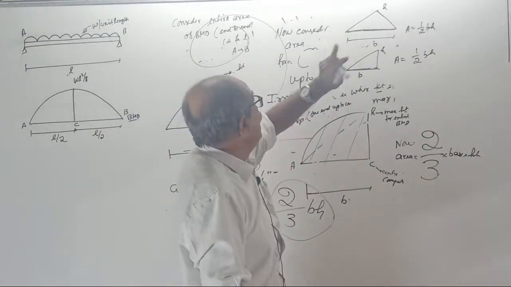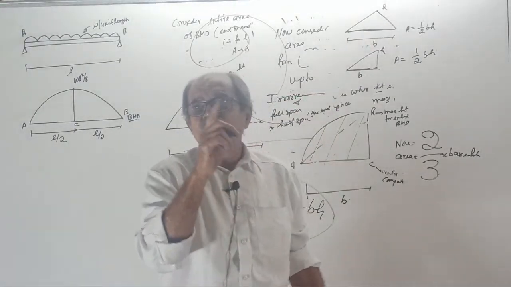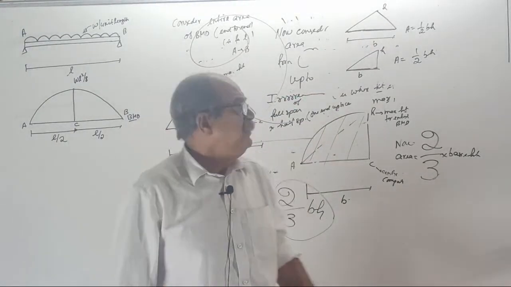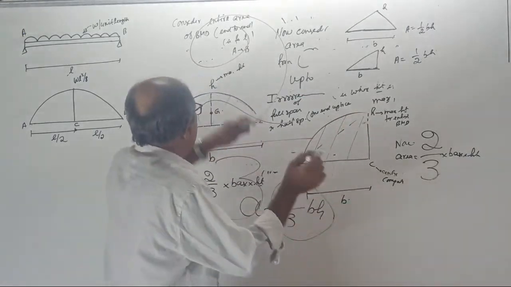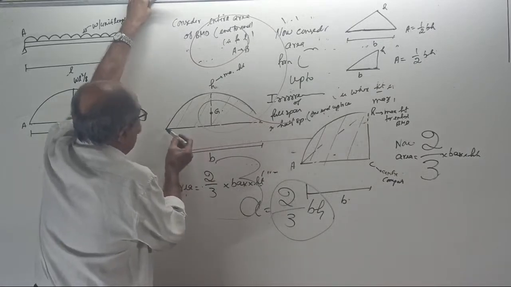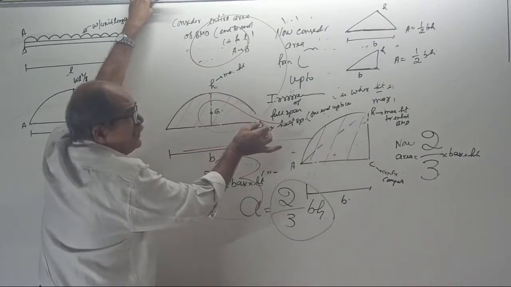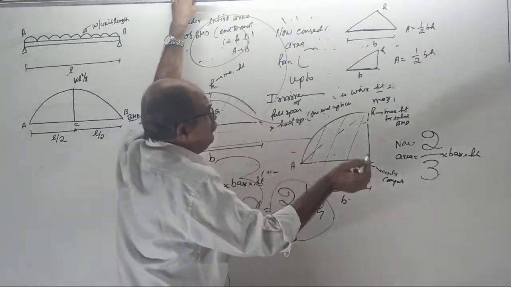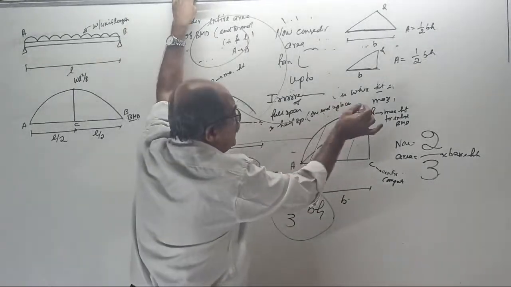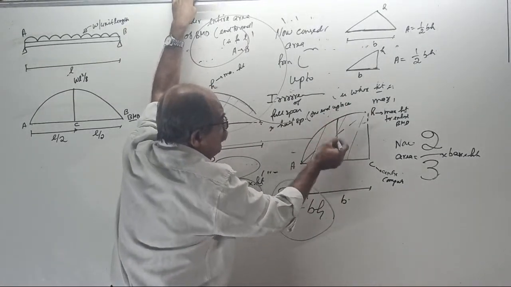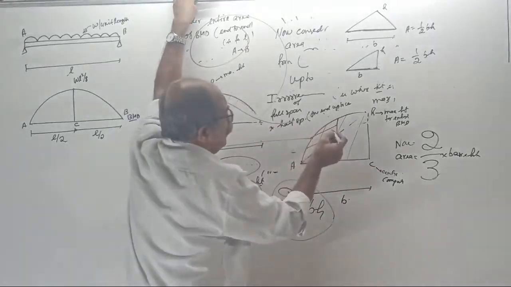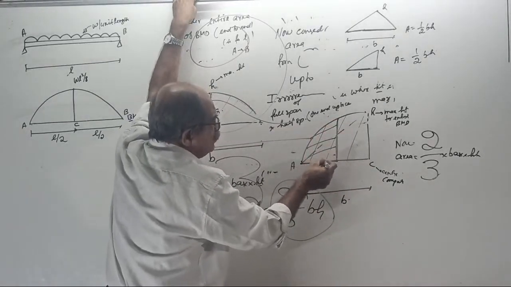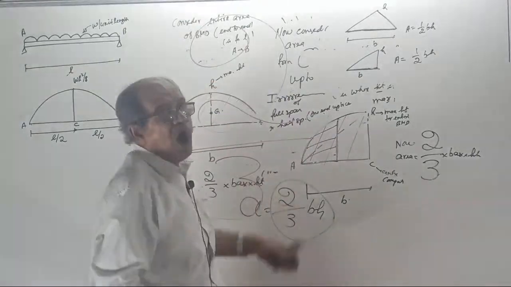Remember, only UDL, and that too full span UDL. BM should be WL square by 8. And when you consider area for full, 0, peak, again back to 0. If you want half the area, 0 to peak, you cannot apply for this one. Remember, you cannot apply area equal to 2/3 base into height for this curve. Wrong.